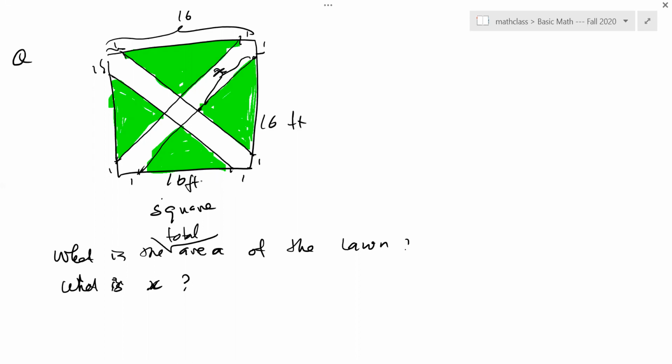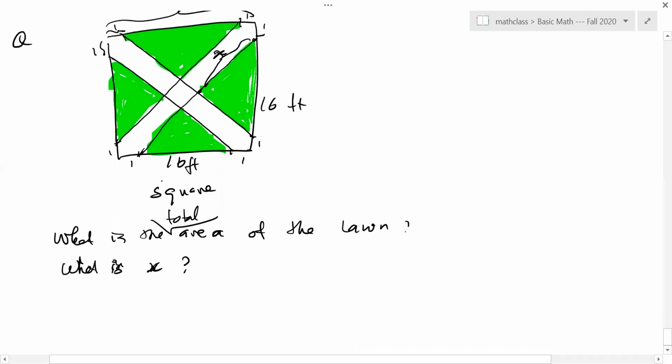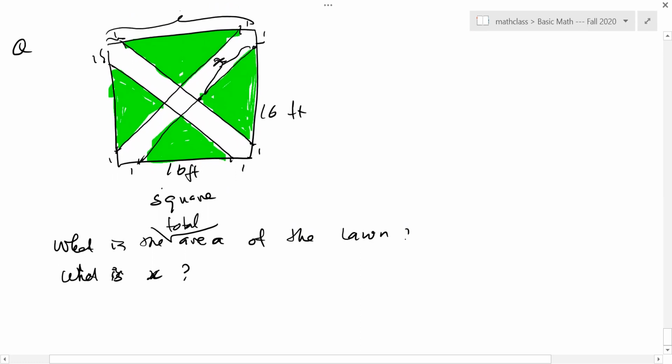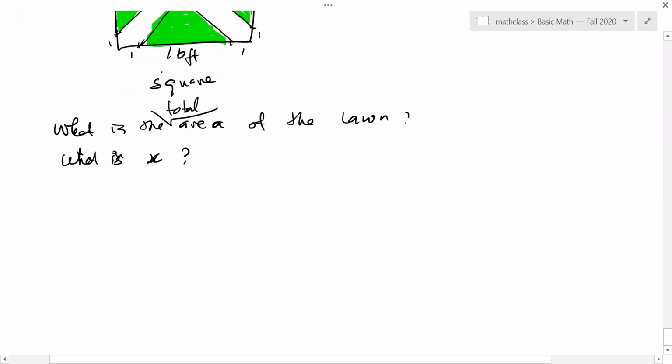So many people don't know. There are two different ways to solve the problem. If you find the area of a triangle, maybe you can solve it. But those four triangles are identical, right? So think about that. This is kind of a puzzle.